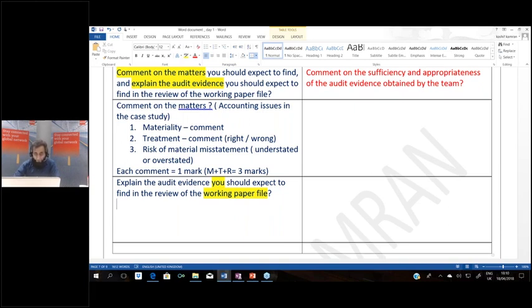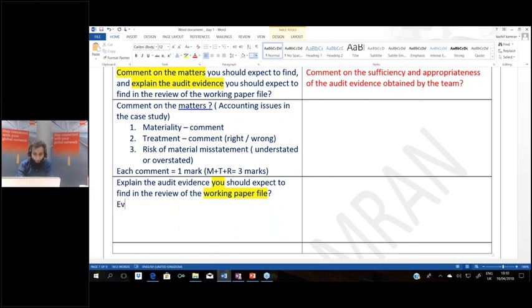Now the box file contains all the papers. So when the auditor gathers evidence in the documentary form, the evidence gets to the file. So the examiner is asking me to explain the evidence you should expect to find in the file.